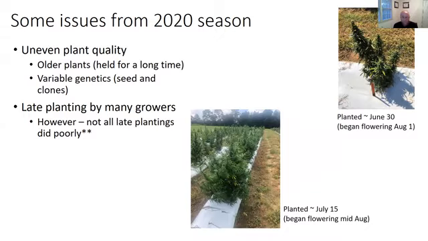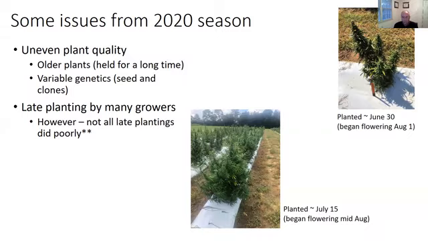However, the bottom picture is actually a trial that I ran in Tifton for a seed company. They were planted in the field July 15th and did fantastic. They began flowering mid-August. That picture is just when flowering started. Those were seeded later, for about 4 weeks, so mid-June was when they were seeded, and then we planted them.